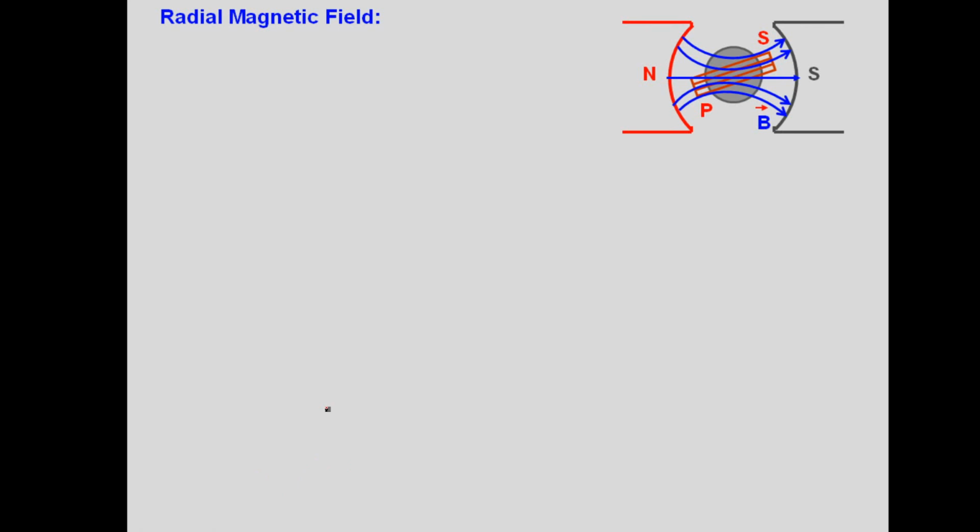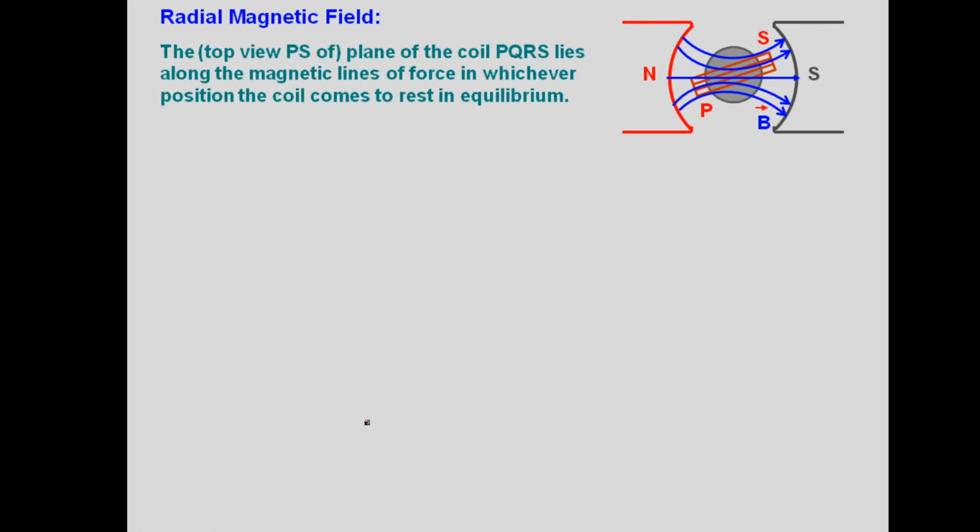In case of a radial magnetic field, we have this situation, that the magnetic poles are in the form of a curve. This is the top view, in which the plane of the coil PQRS lies along the magnetic field lines of force, in which position the coil comes to rest in equilibrium, and the angle between the plane of the coil and the magnetic field is 0.